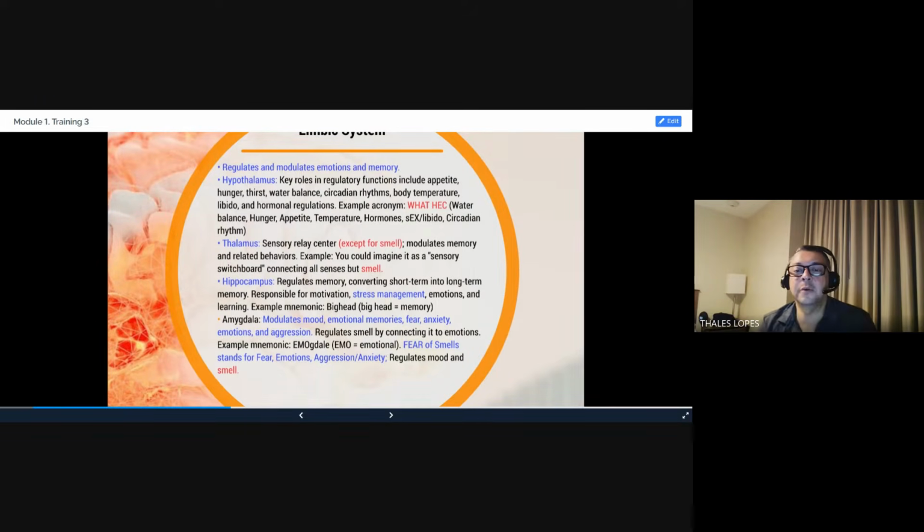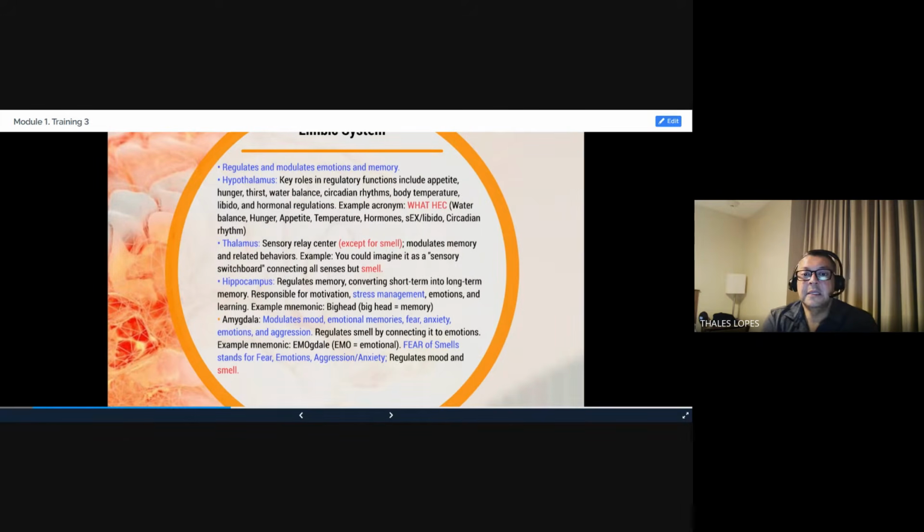And the C is for circadian rhythm. Please memorize this because you are often asked what the hypothalamus does. And when this question comes up, I want you to think of what the heck, if it helps you. If you do have a better mnemonic, please share.